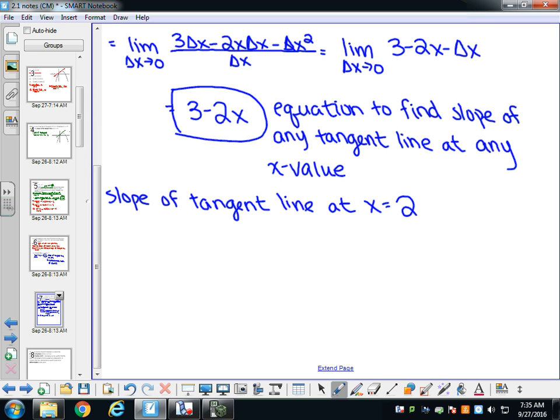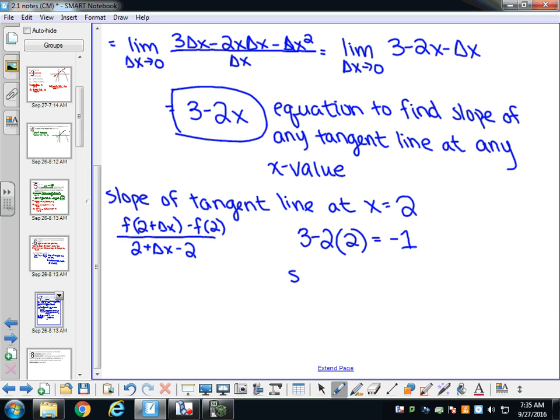Instead of going back through all the algebra, so instead of doing f of 2 plus delta x minus f of 2 all over 2 plus delta x minus 2, instead of going through all that algebra, I can actually just do 3 minus 2 times 2, which gives me a negative 1.